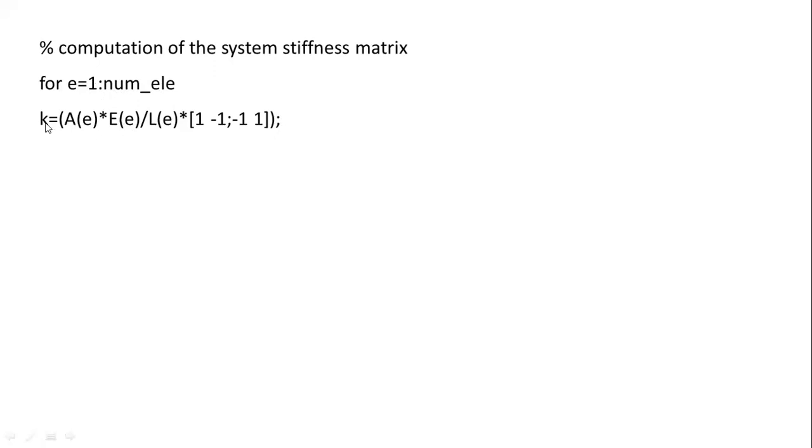The same formula applies here: K is equal to A E upon L times the matrix 1 minus 1, minus 1 1. Simply these two lines are more than sufficient to prepare the individual stiffness matrix. This loop runs for 1:2, number of elements, and we need to write end for the for loop.